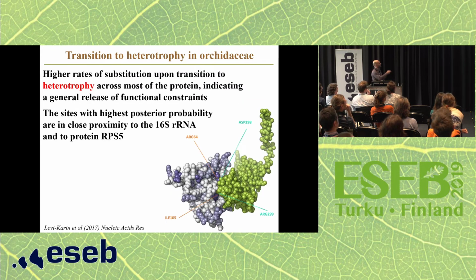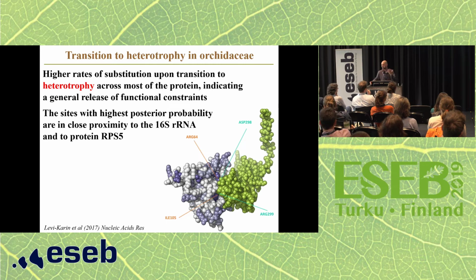Okay, so these are the results. This is the three-dimensional structure, and we colored it according to the probability of each site to evolve under the trait-dependent model. The darker the color, the more trait-dependent the position. And what we saw is that, on average, the entire protein is affected by the trait that we study.